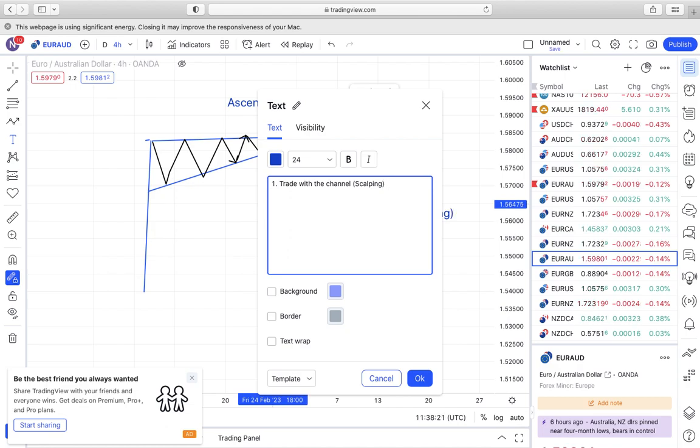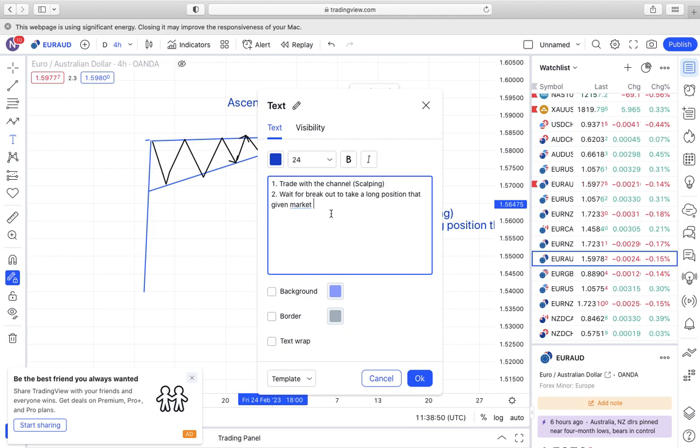You can scalp between that channel, or wait for a breakout to take a long position in that given market.